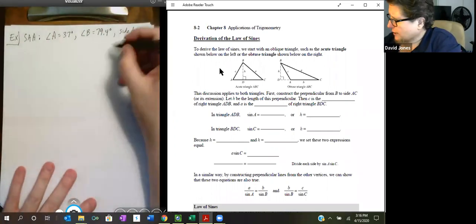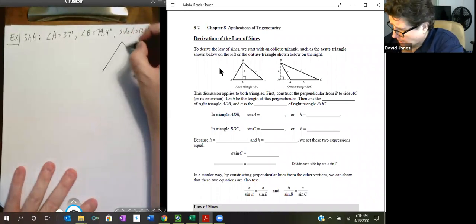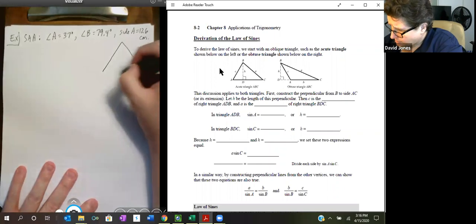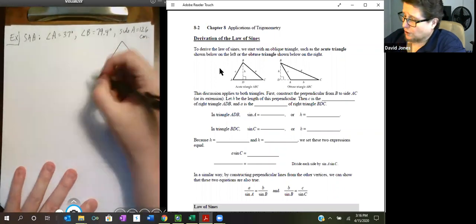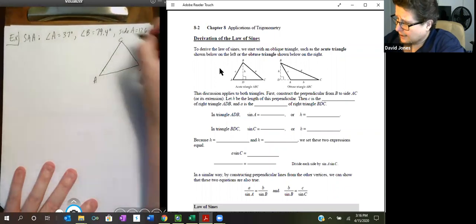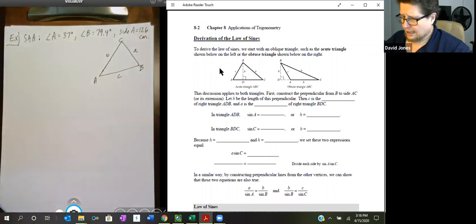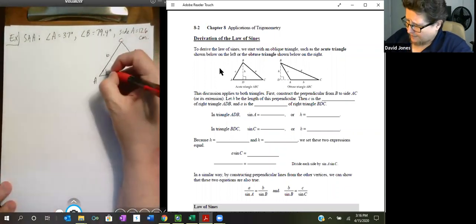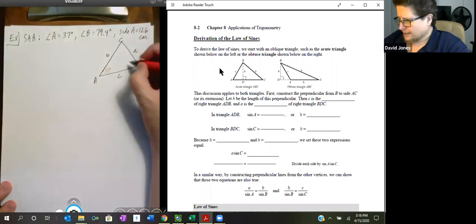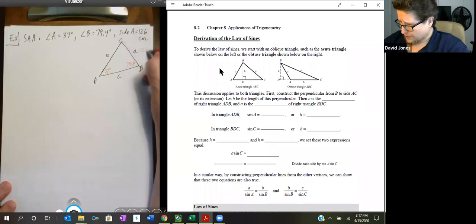So I'm going to draw a triangle. Let's call this ABC. I'm going to label what I know. This is 37 degrees. This is 79.4 degrees. And side a is 12.6 centimeters.